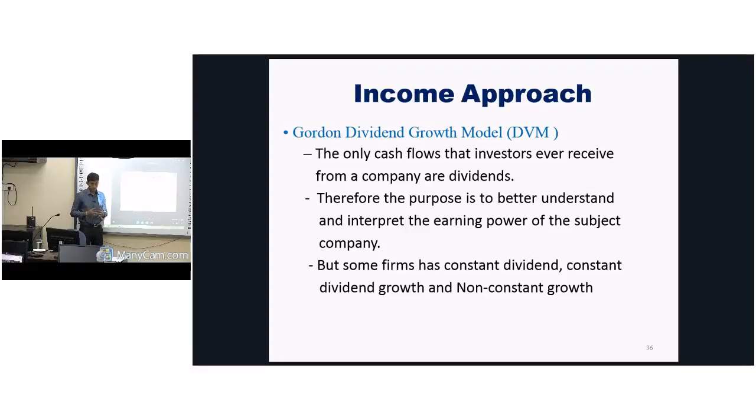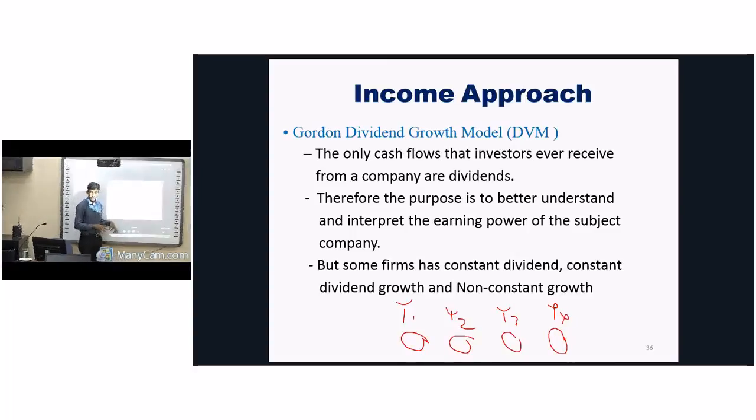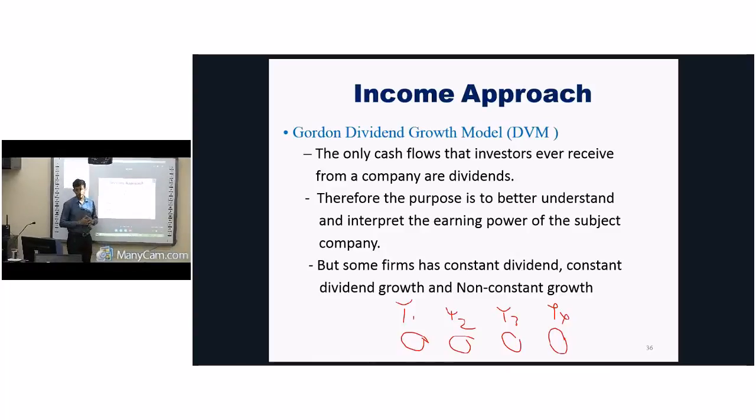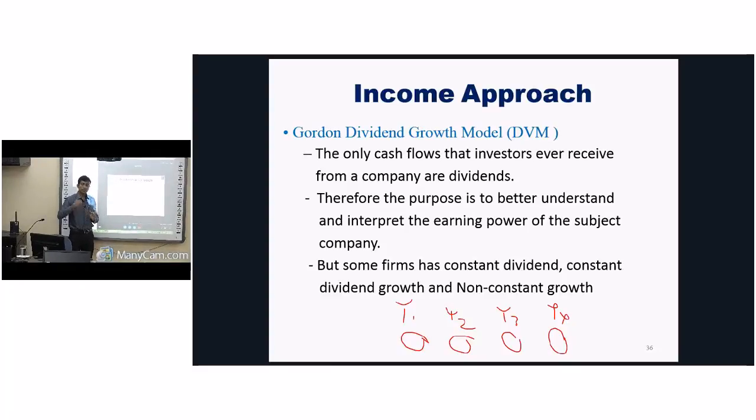So if you take a particular firm, we can calculate the dividends you are going to pay for year 1, year 2, year 3, year 4, and you get the present value of those dividends and say this is the value of the firm. In other words, here we assume whatever you earn will be given back to the shareholder. So the total profits or the total earnings is equal to the dividends.